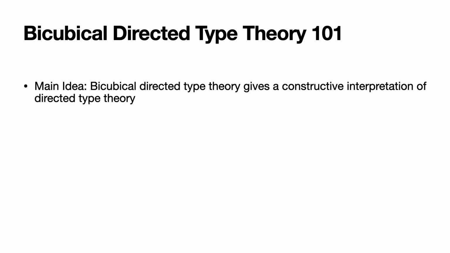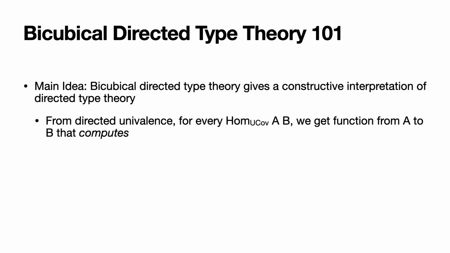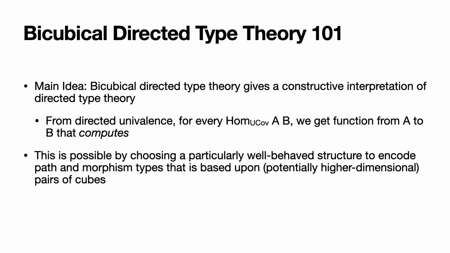So lastly, now moving on to our work, in bicubical directed type theory, we give a constructive interpretation of directed type theory. And again, this now means that for directed univalence, whenever we have a morphism in the universe, we get an actual function from A to B that computes. And as with cubical type theory, this is possible by choosing a particularly well-behaved cubical structure to encode both the path structure and the morphism structure.